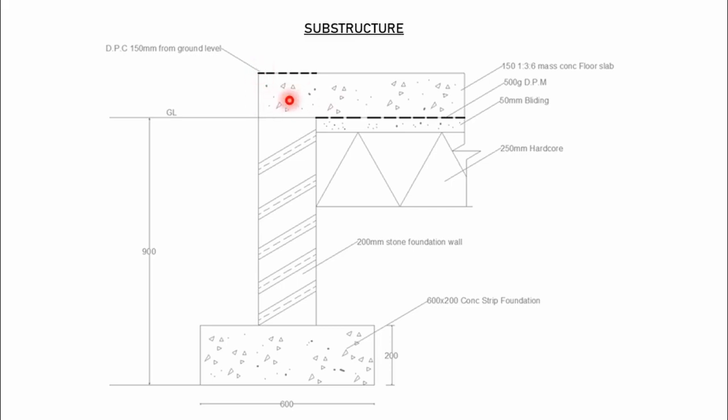If you are given a floor of 100 millimeters, then it would be floating somewhere here, and that would mean that the foundation wall would be a bit exposed from the ground level. But since we have been given 150 from the DPC level downwards to our floor depth, then the floor depth coincides with the ground level, and that now makes our business easy. Therefore, we can do the rest very easily.